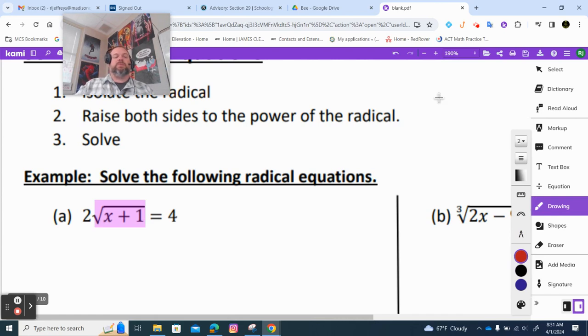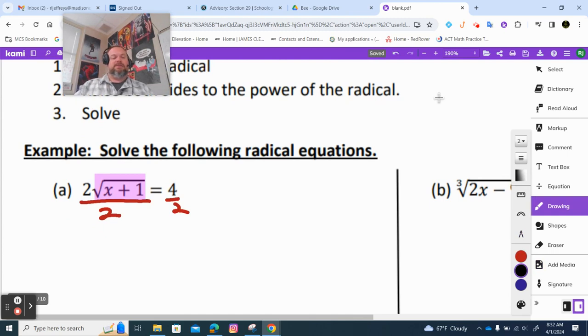It's being multiplied by 2, so we're going to divide by 2. Then we're going to have a square root of x plus 1.